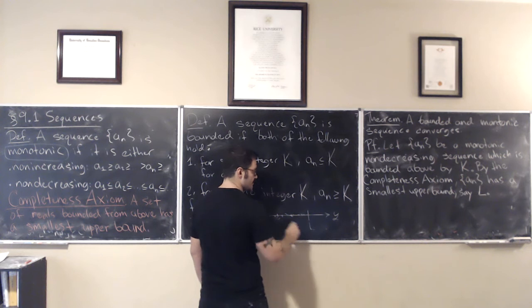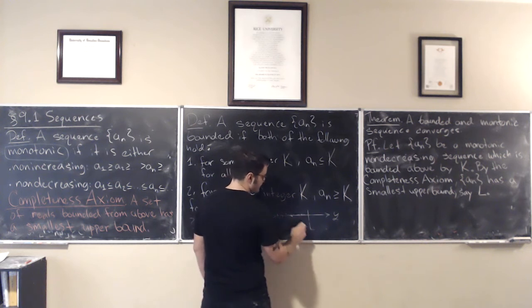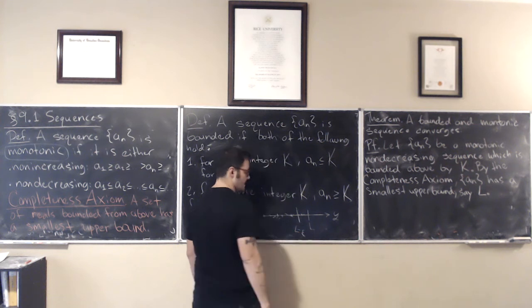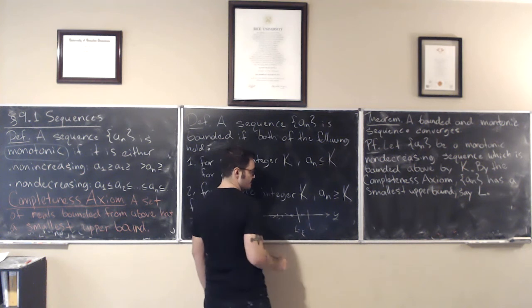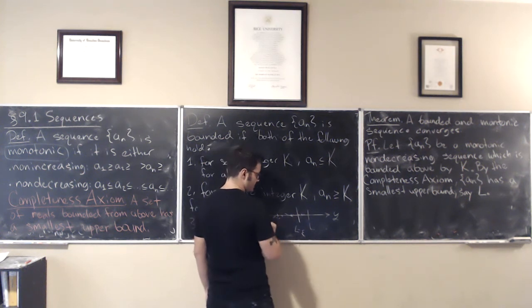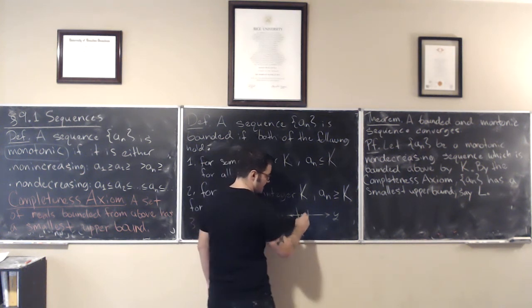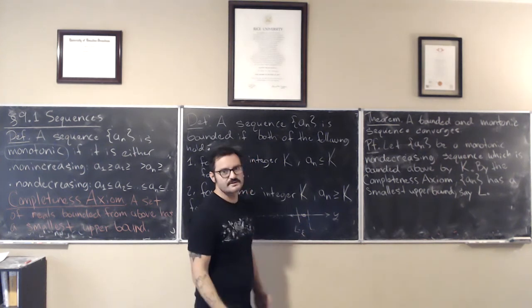And it is the smallest one. So if I subtract off anything from L, call it epsilon maybe, then if that's the smallest upper bound, there is another point in the sequence that passes by it. Otherwise, L wasn't the smallest upper bound.